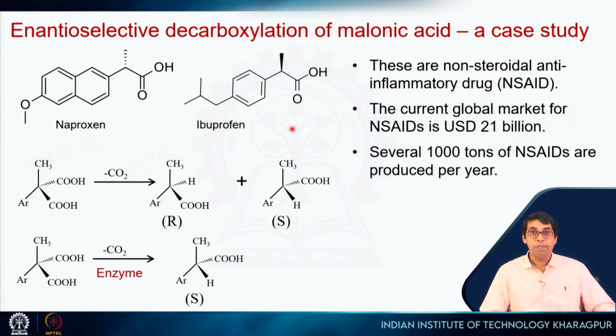So why do we need enzymes? If you see, these molecules have this particular center. This carbon has 4 different groups, so there is also hydrogen here. Four different groups attached to it makes it a chiral molecule, which means that it can have 2 different enantiomers and they will be mirror images of each other. In most cases, it turns out that only one of the 2 enantiomers is biologically active.